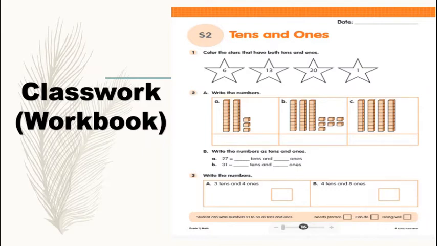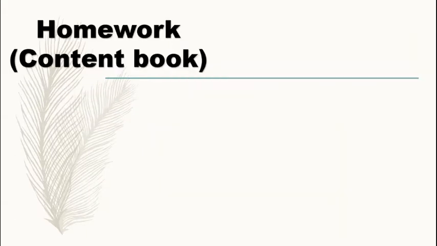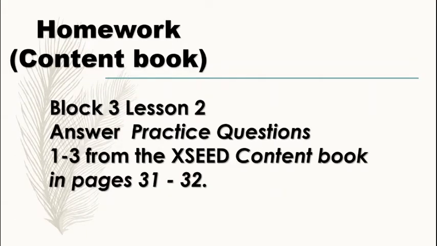Do not forget, after answering your classwork in the workbook, you need to answer in your content book the block 3, lesson 2, practice questions 1 to 3, pages 31 to 32.